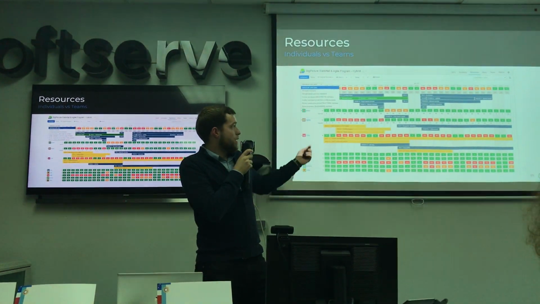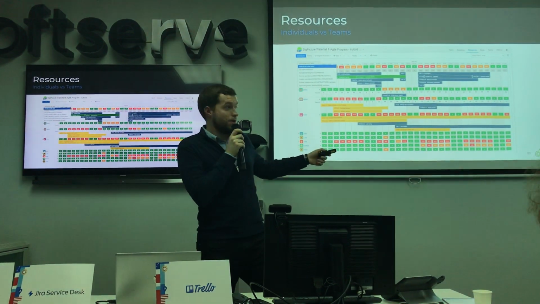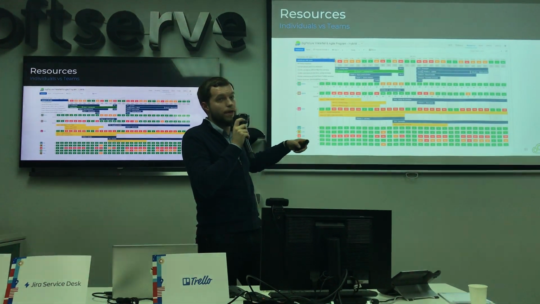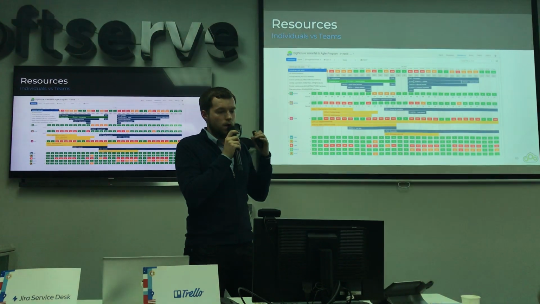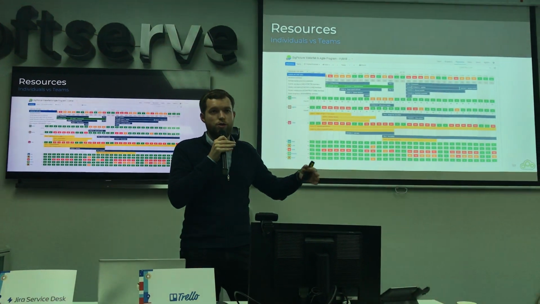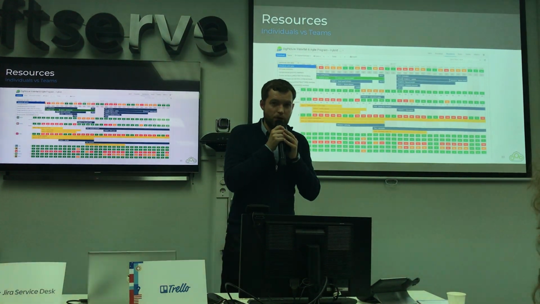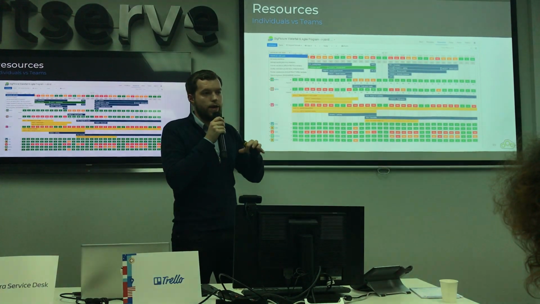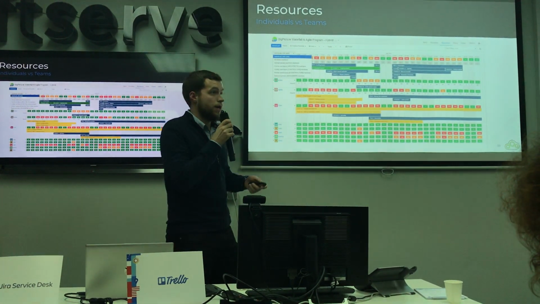Here's how it may look in terms of people. You can track any guy's workload as well as the team workload as a whole. If you want to plan some huge releases, or track some huge PIs, anything you want, you can allocate whole teams onto different projects and see the whole workload.